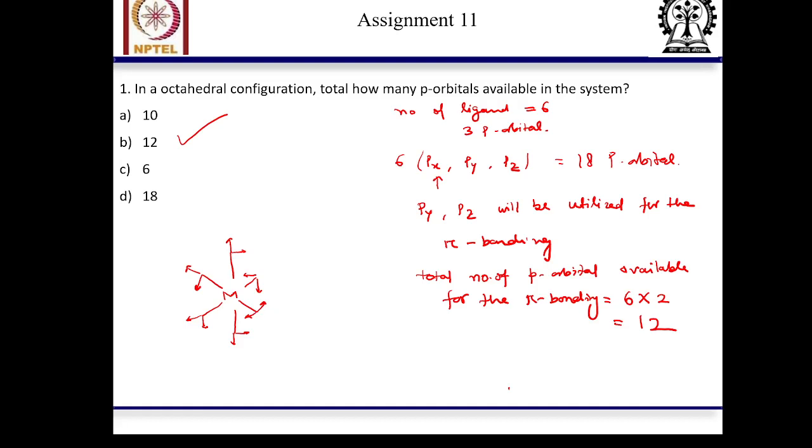Each ligand has two p orbitals to form pi bonding. Actually it will not be like this, it will be like this. It's a 3D image. If you draw it, it will look like this.